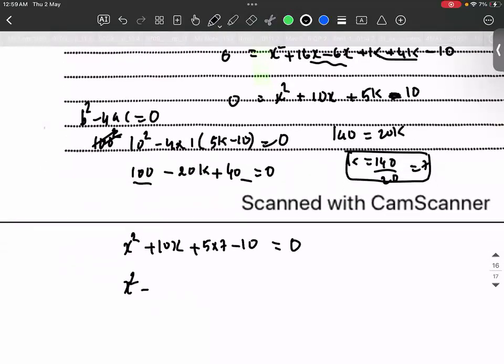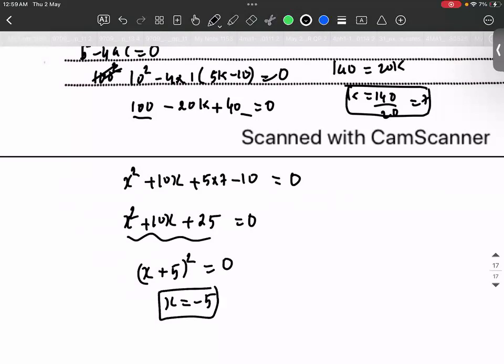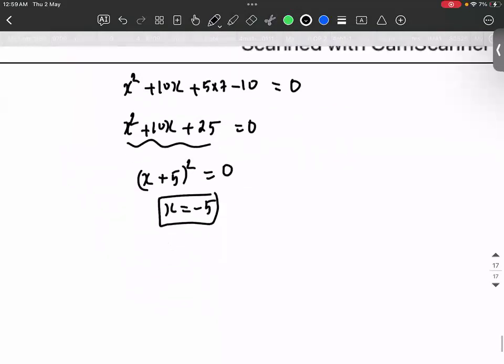So x square plus 10x plus 25 is equal to 0. Completing the square, we can write it as (x plus 5) whole square is equal to 0, so the x coordinate we got is minus 5. So the x coordinate of this point is minus 5.